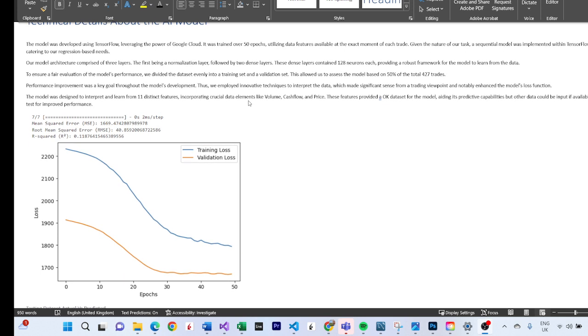Now we divided the data set, which is commonly what you do, into a training set and a validation set. Say we've got 427 items, and ideally we'd like a lot more, but that's what we had. So we divide it, and the AI model trains itself on that data. And then we put in the second part of the data to test it and see how it's performing.